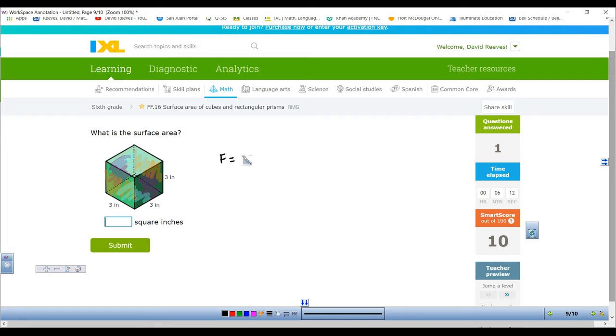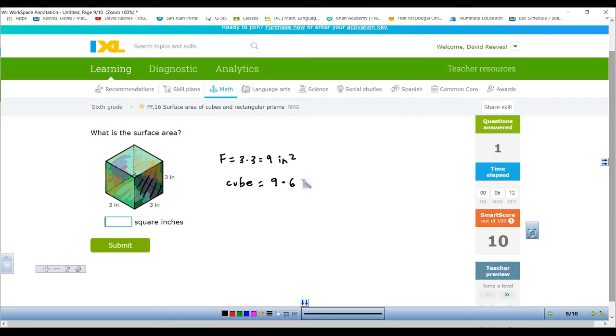For any face, the area is going to be 3 times 3 or 9, right? So the area of that face is 9 square inches of that one, right? But guess what? They're all exactly the same. So for a cube, and this only works for a cube, you could just do the area of one face times 6, right?